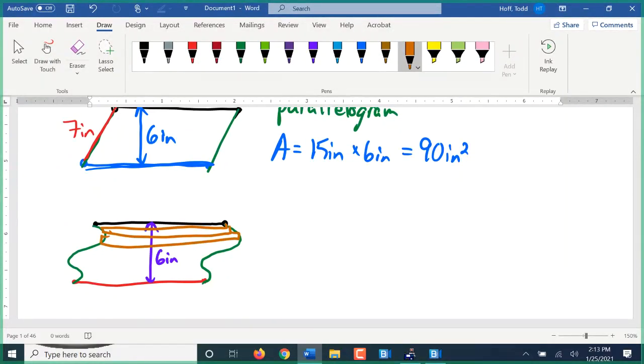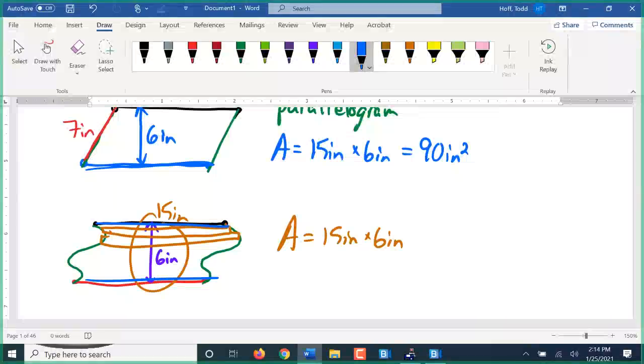All I've done is taken that stack and kind of pushed it and skewed it a little bit. Does it end up having any more area or less area than it did before? Oh, it's the exact same area. The area here is still 15 inches times the distance moved. It moved 6 inches. It didn't go in a straight line, but it still moved 6 inches. As long as it stayed parallel to its original orientation, like it did, the area is still 90 inches squared. It doesn't change.